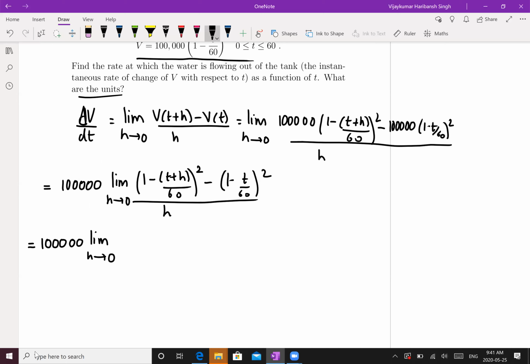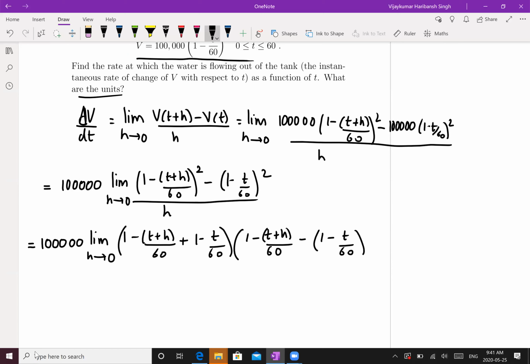Now a square minus b square is what? A plus b times a minus b. So a plus b is the sum of the first parts, and a minus b is 1 minus (t plus h) by 60 minus 1 minus t by 60, the whole thing divided by h.